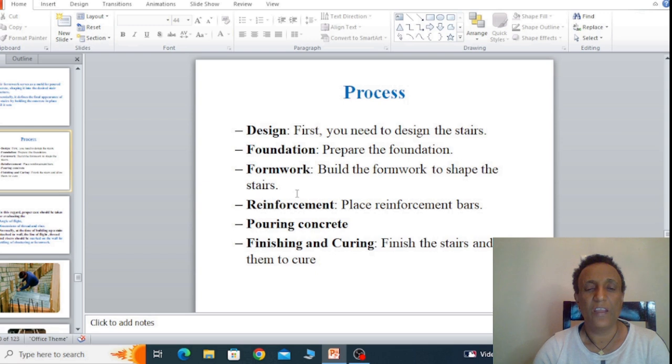And then the reinforcement bar will be placed on the formwork. Pouring concrete is the next procedure after the reinforcement is located. And finally, finishing and curing procedure is performed to construct the staircase.